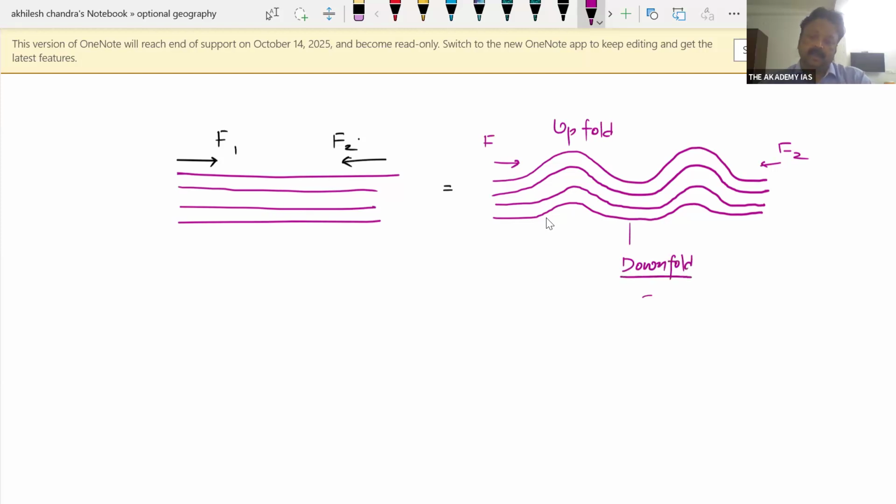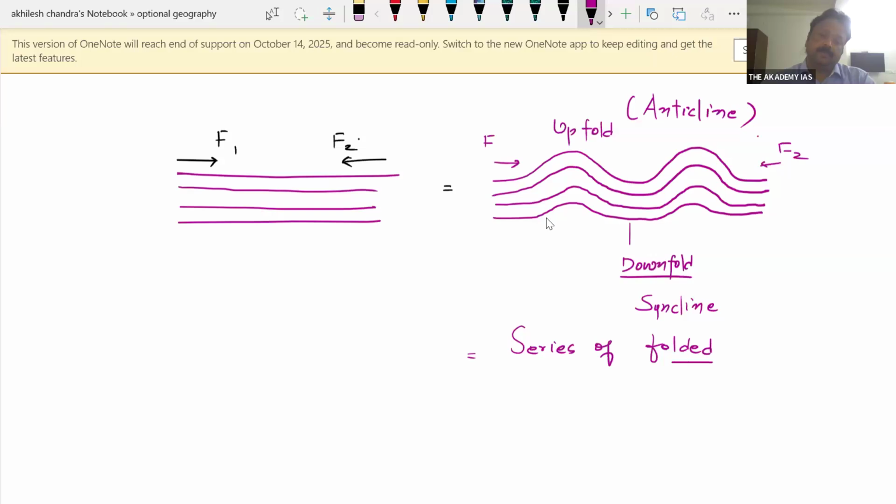Downfold is called syncline, and upfold is called anticline. And in this way, we happen to have a series of folded mountains.